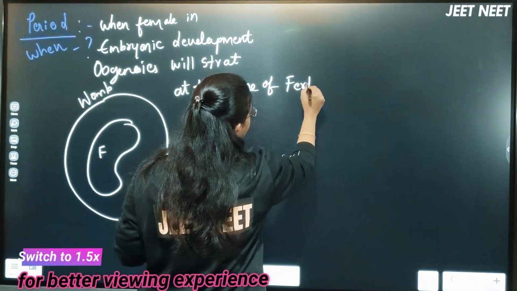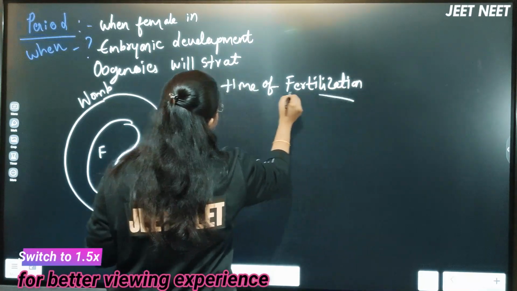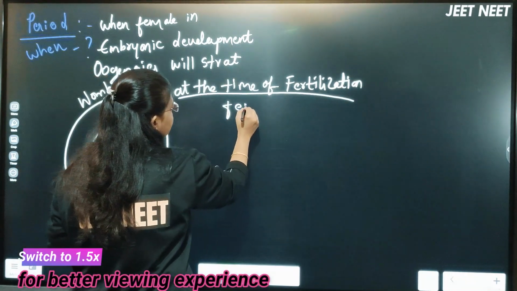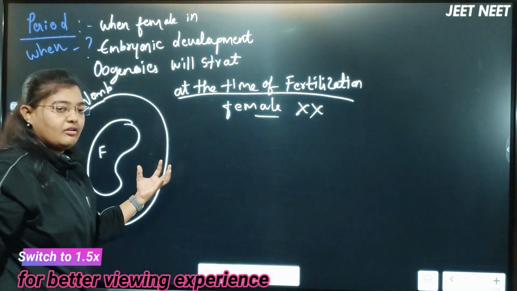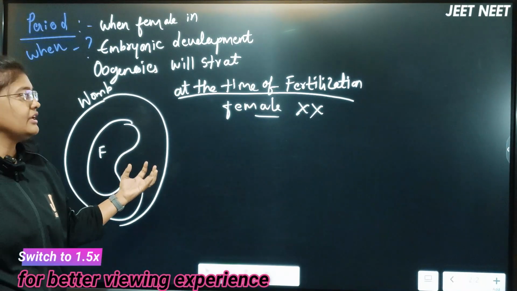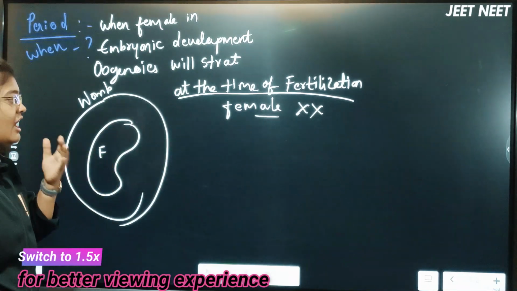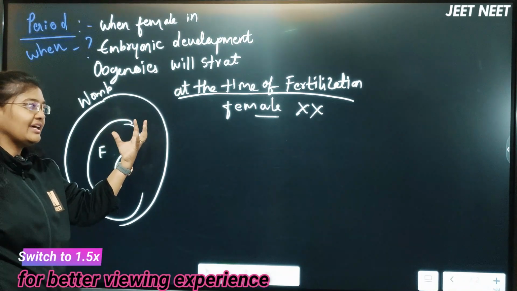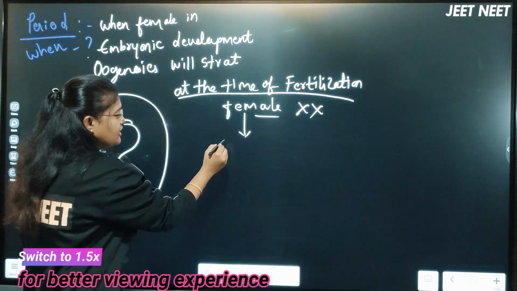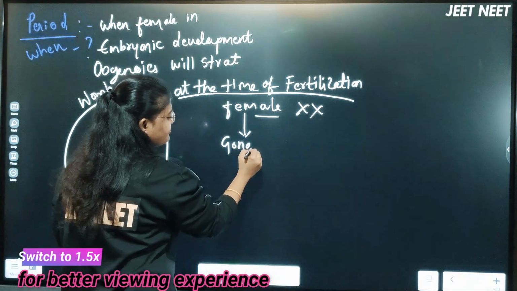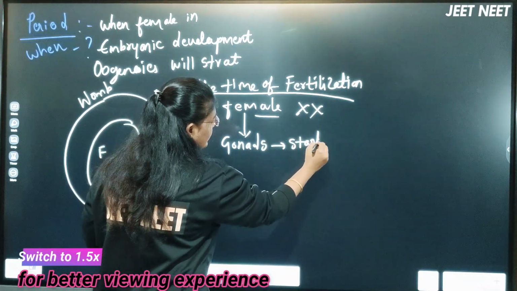I hope you know that whenever XX is present, the fetus will be female. At the time of fertilization, the fetus gender is decided. Once the fetus gender is decided, then inside this female the gonads formation will start, right?